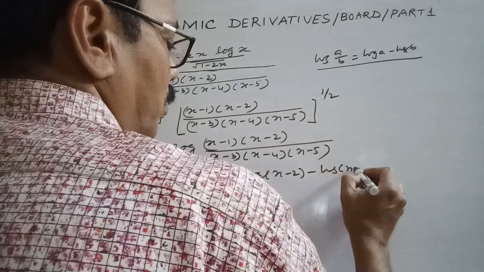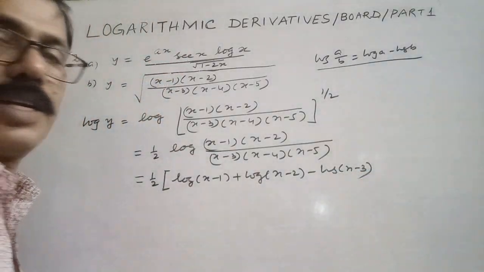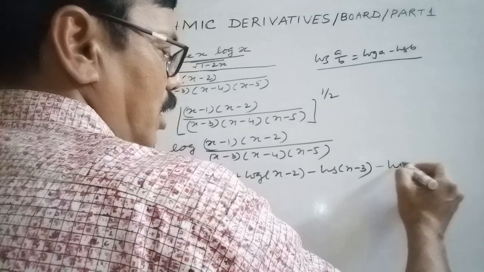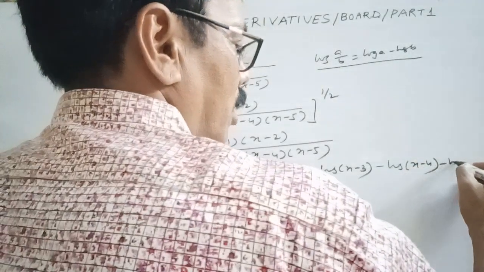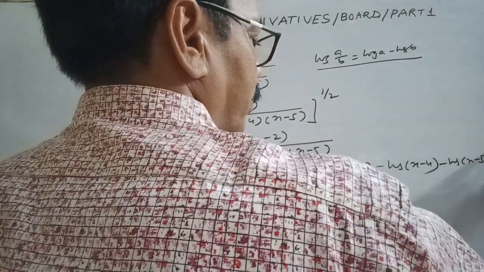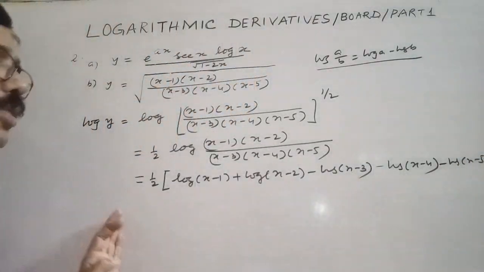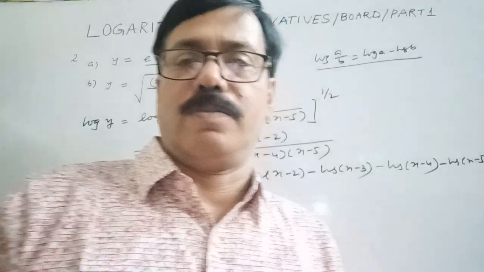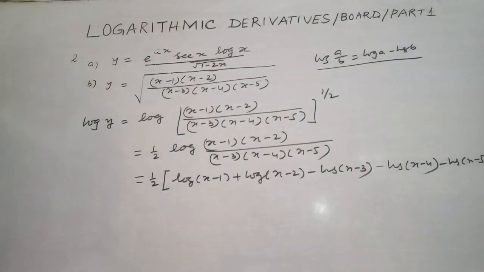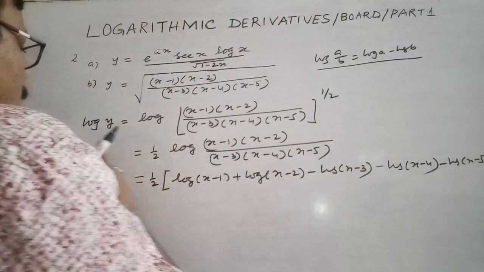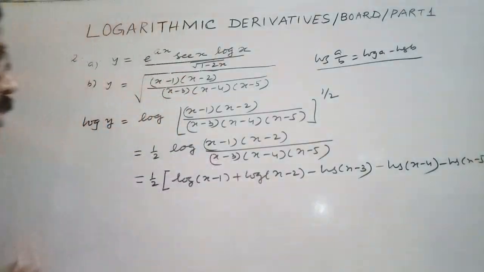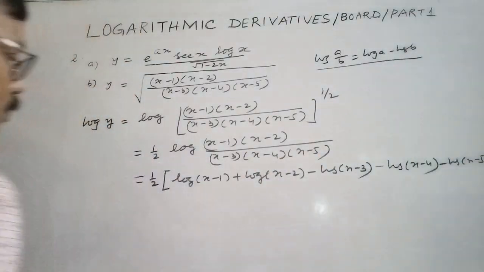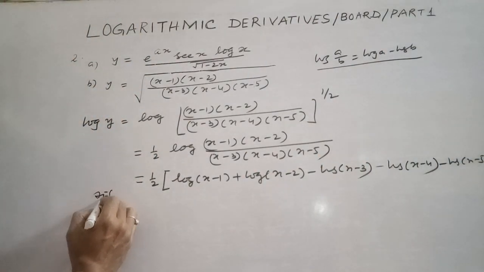And log of denominator is negative: log (x minus 3), log (x minus 4), log (x minus 5). So this is the simplified form. So you can write log y equals this, then you can write this step directly. Now this is the simplified form. So next, differentiating both sides.